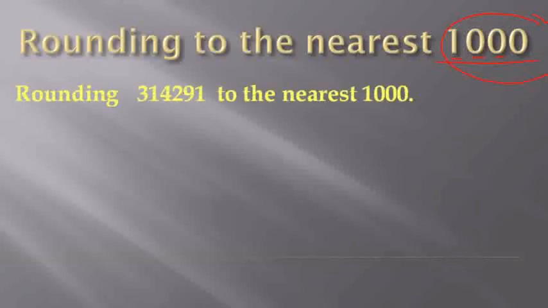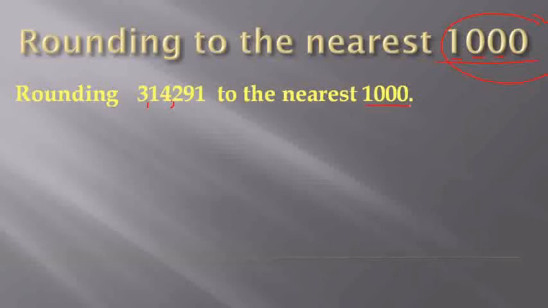But when we are rounding to the nearest 1000, we concentrate on the last four digits of any number, meaning unit place, tens place, hundred place and thousand place. Okay, so the question is rounding 3,14,291 to the nearest 1000.